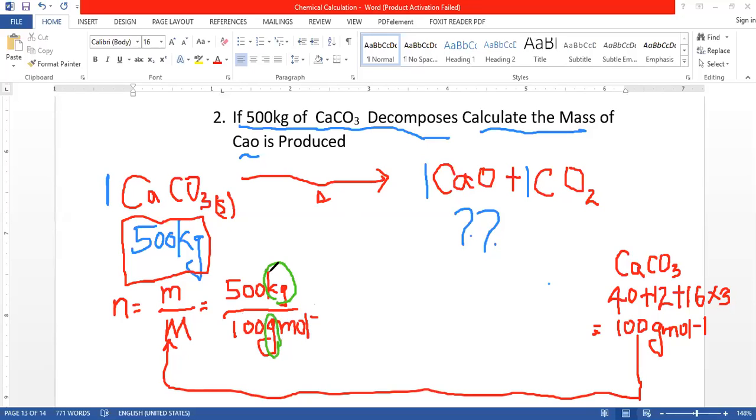Can you cancel kilogram and gram? Never.